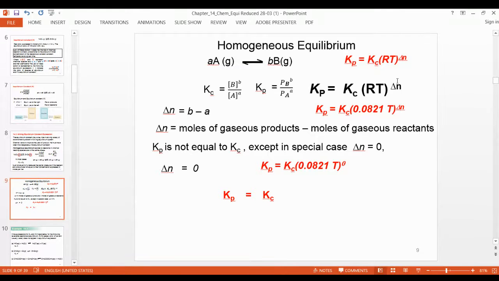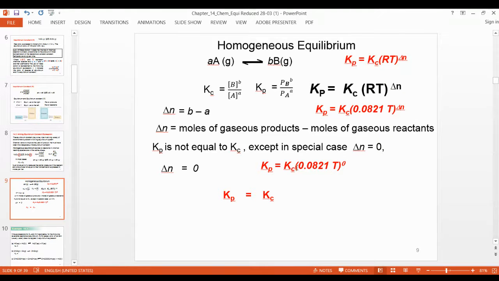So the Kp is not equal to Kc, except in a special case if delta n is 0. If this delta n is 0, then Kp is equal to Kc, R valued 0.0821, T is the temperature in Kelvin, but if it is to the power 0, it means it is 1.